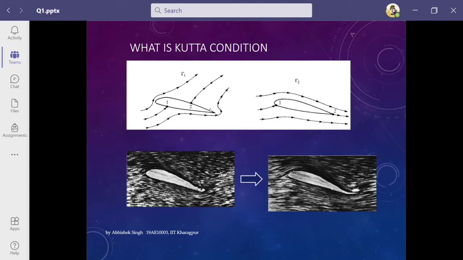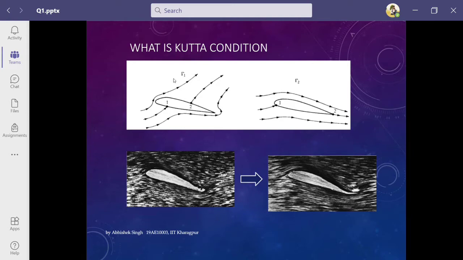Given this figure on the top, we can see that for the same type of airfoil at the same angle of attack, we observe different types of flow depending on the value of circulation.